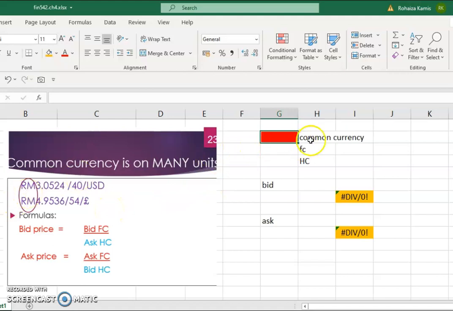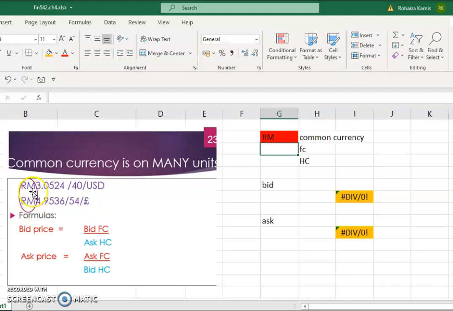The common currency for this quotation is RM. Why RM? Because we can see RM in both quotations. So if you look at the quotation, RM against USD and RM against pound, you need to identify what is the foreign and what is the home.